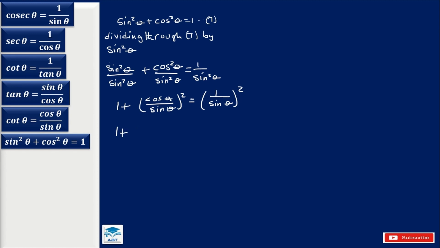And also cos theta divided by sine theta is equal to cot theta. And 1 divided by sine theta is cosec theta.